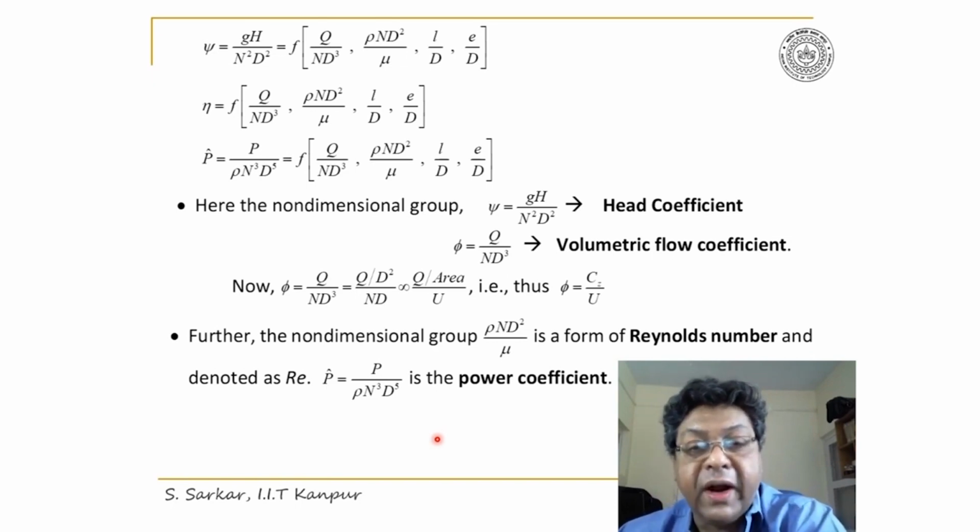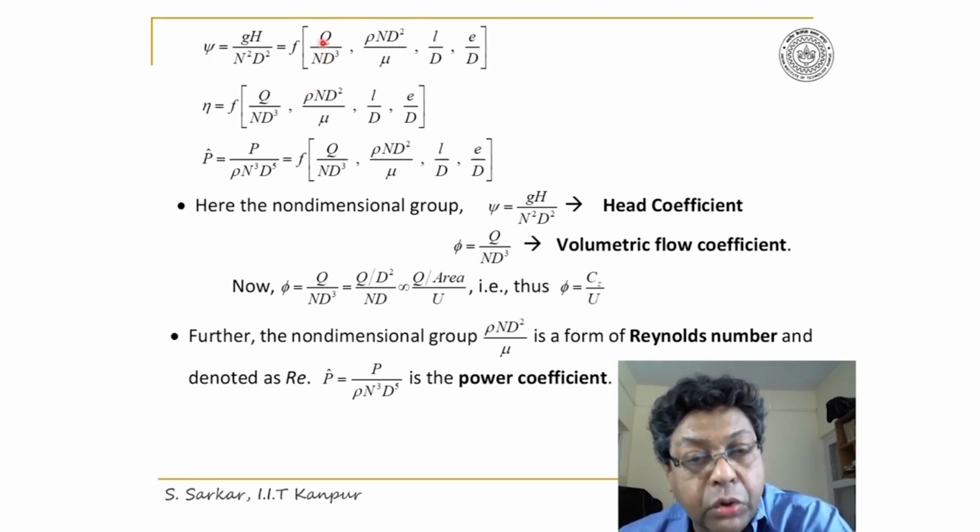So thus, after dimensional analysis, what we have got is that xi, eta and P tilde are functions of some non-dimensional groups.